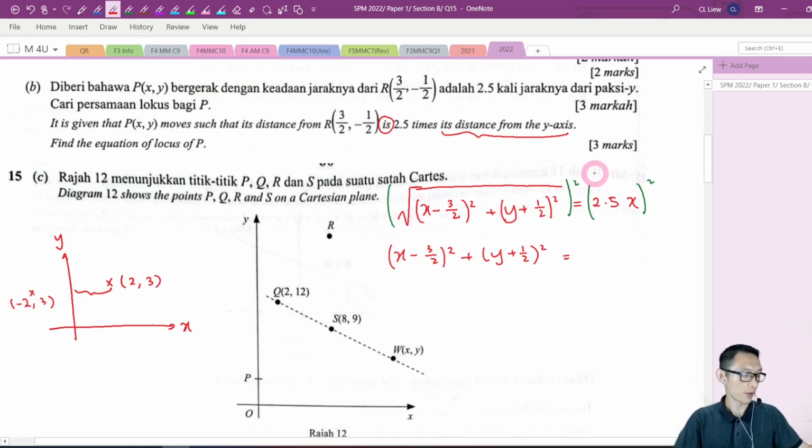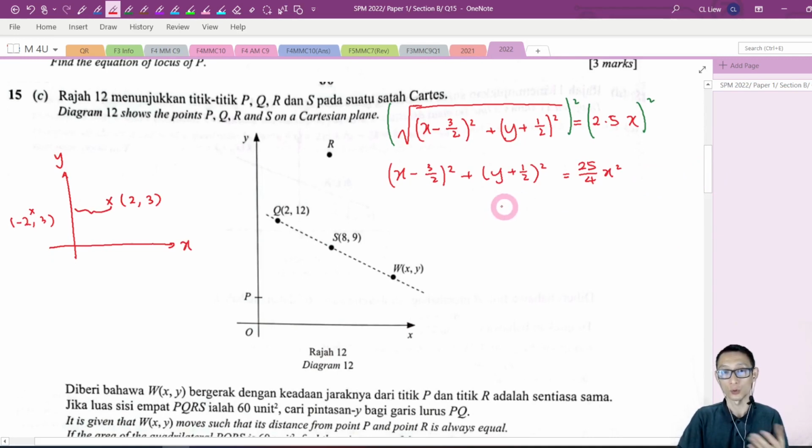Okay, 2.5 square, you will get 25 over 4, and this one is x square. Now what we are going to do next is just expand this one. So x square minus 3x plus 9 over 4.